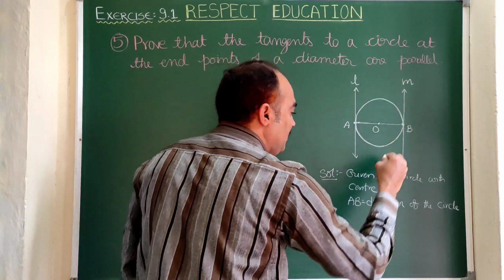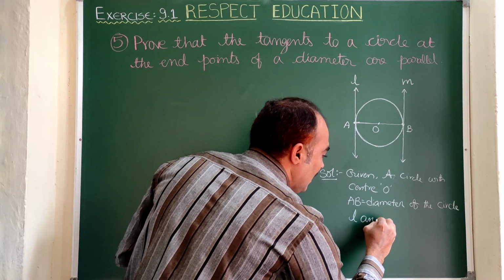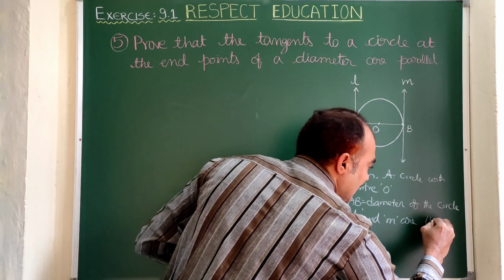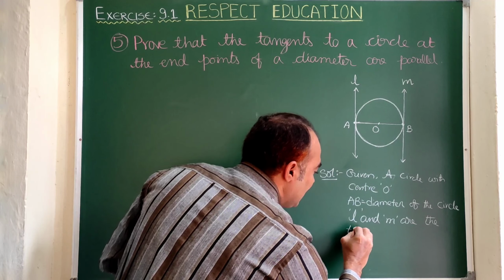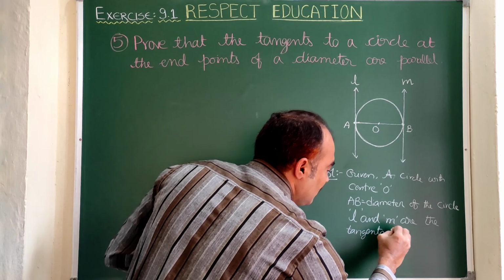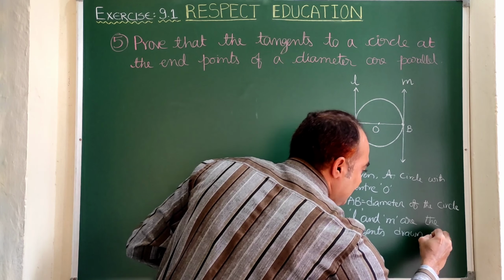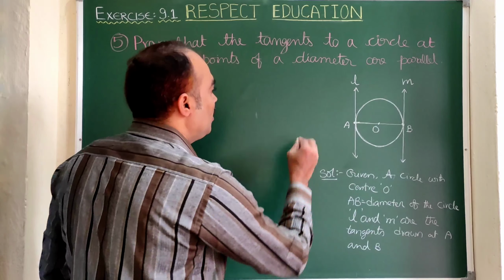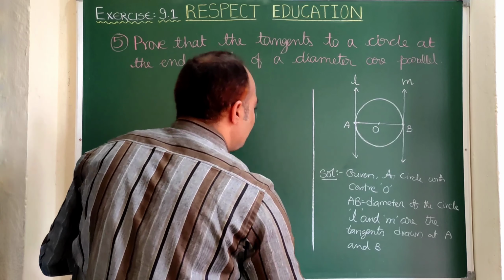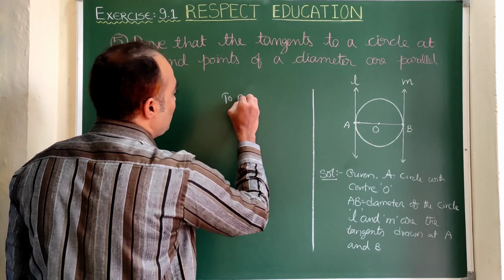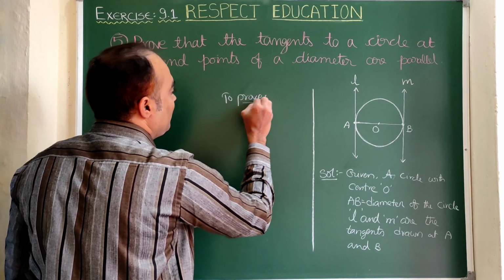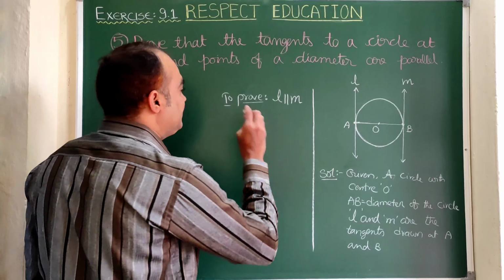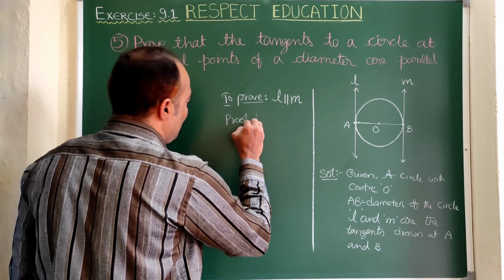So here L and M, these two are the tangents drawn at A and B. Now to prove, here what to prove? L is parallel to M, right? This is what we need to prove.